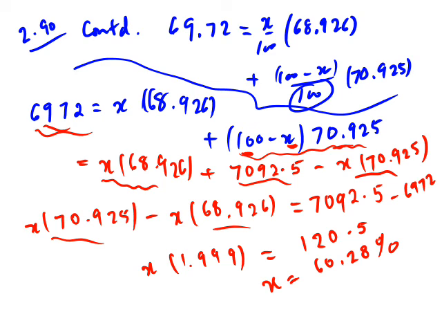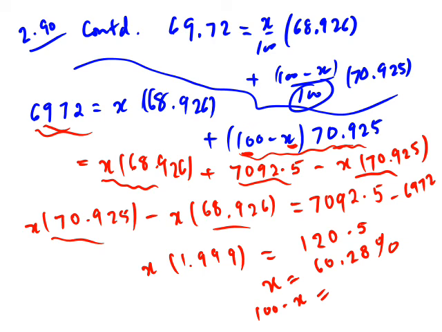Since x is this, that's the percent of the first isotope. 100 minus x would be the second isotope, which is 39.72, because 100 minus 60.28.